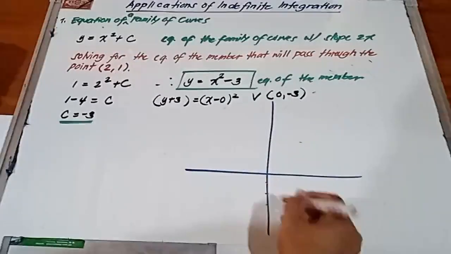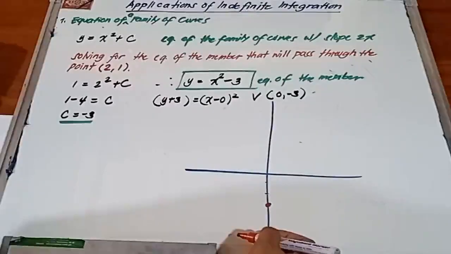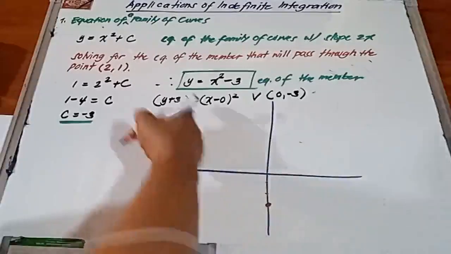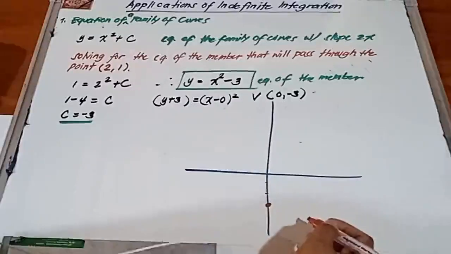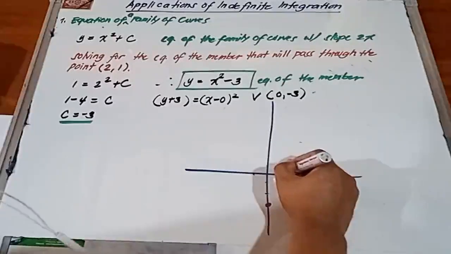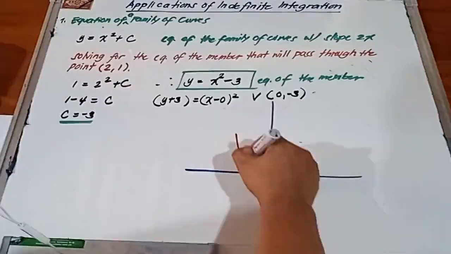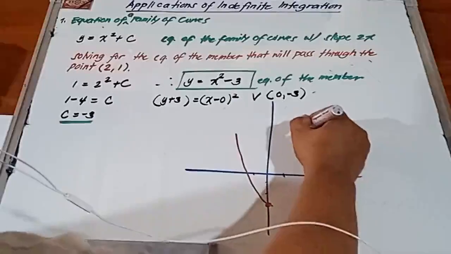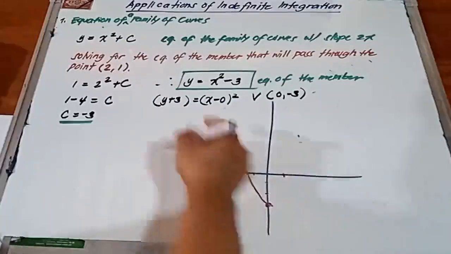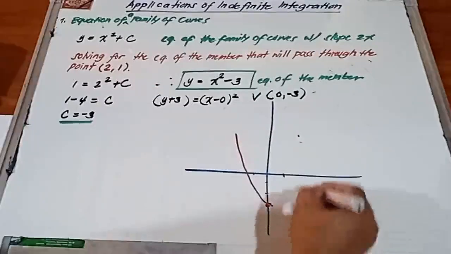1, 2, 3. So, ito. If y is 0, that will be square root of 3 or 1 point something. Okay? So, nandito yon. So, paganito siya. If y is 0, hinahanap natin x-intercept.